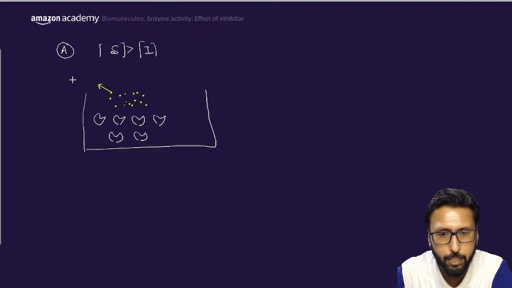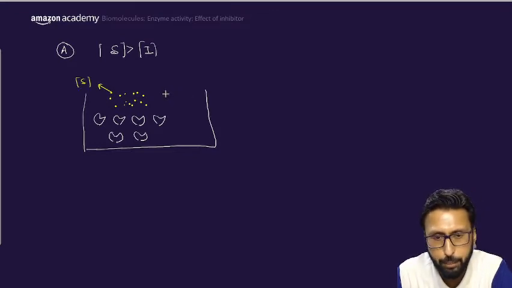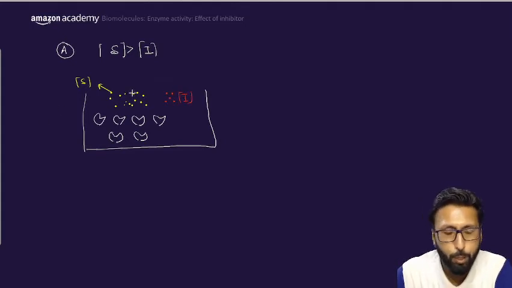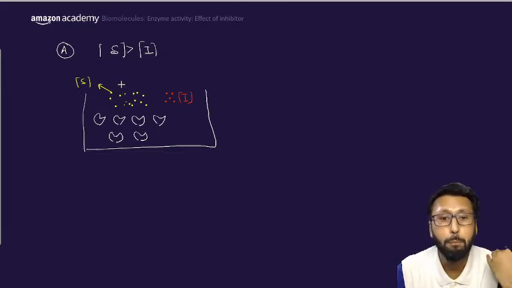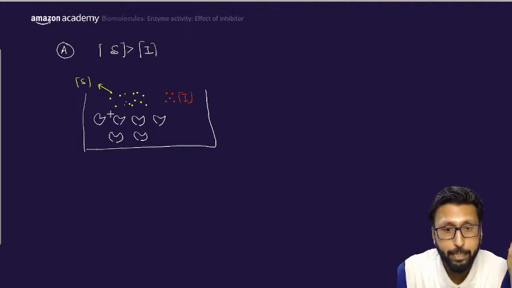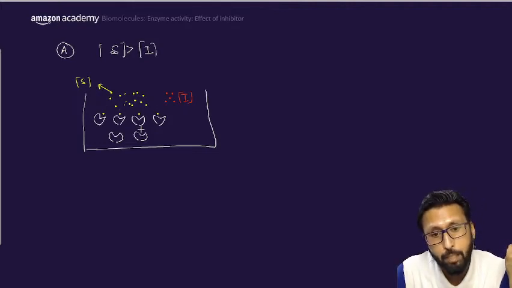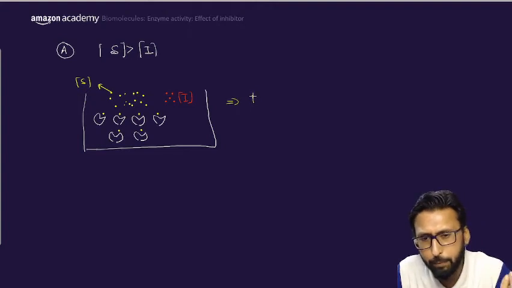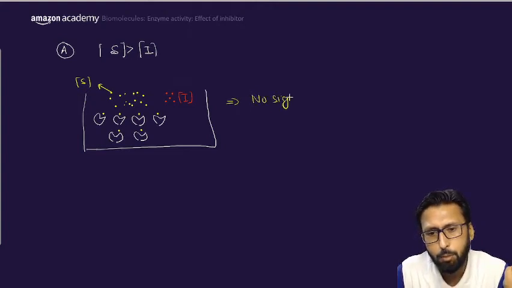But when we have similar looking inhibitor molecules also, suppose these are the inhibitor molecules, it is only an interplay of the concentration. So if substrate molecules are more in concentration, there will be more probability of substrate binding with the active site. So there will be no significant inhibition, okay.